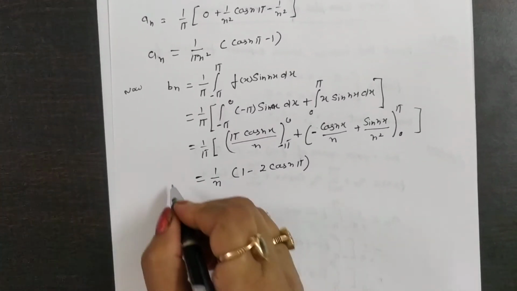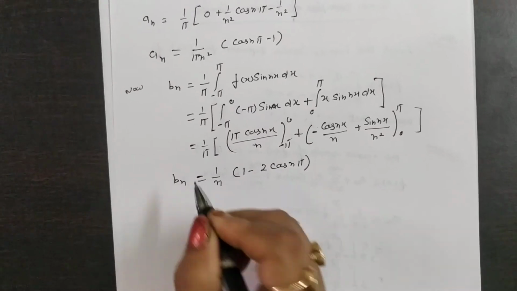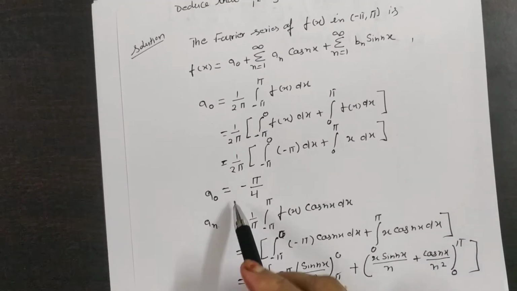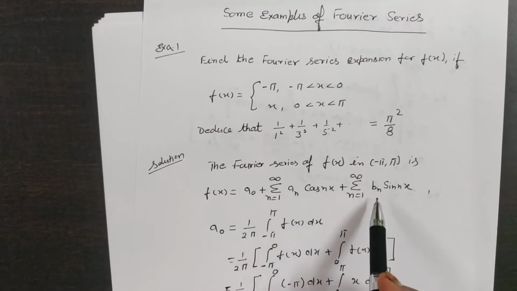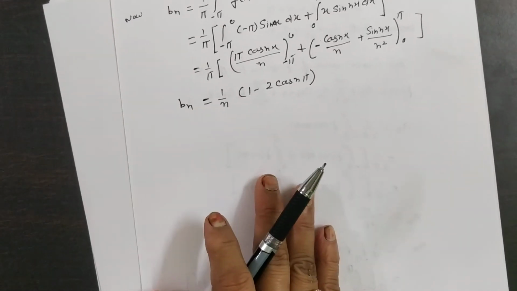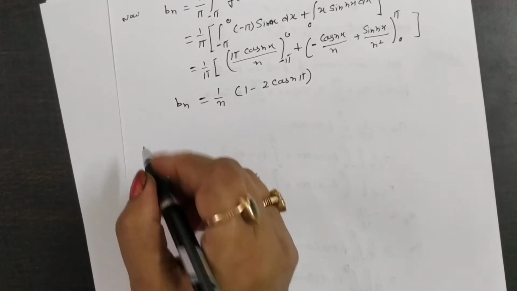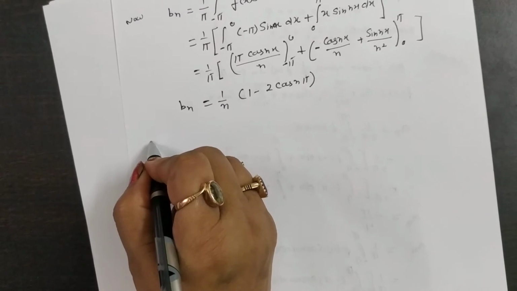So you get a0, an and bn, and now substituting a0, an and bn in this Fourier series, you get f(x).